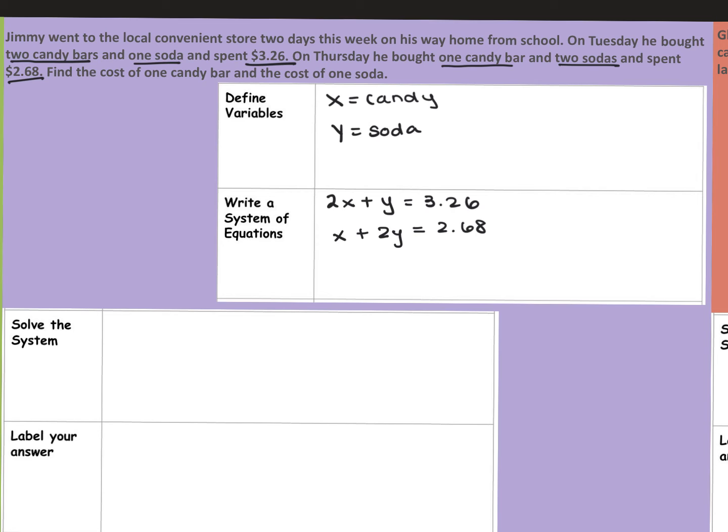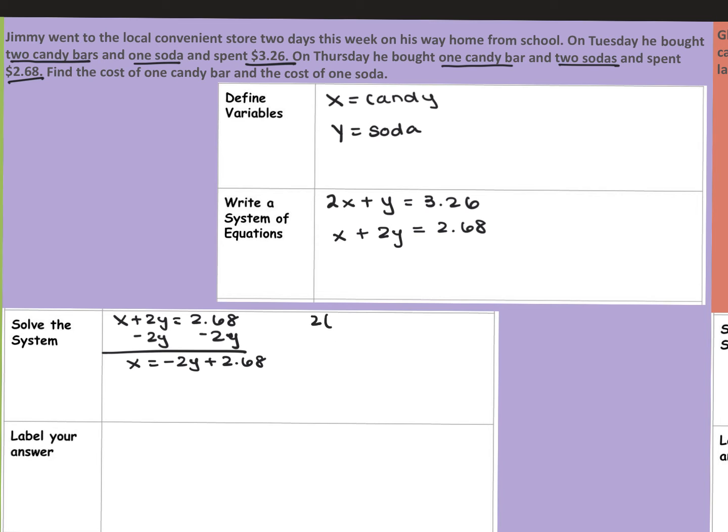So the first thing I'm going to do when solving is solve my second equation for x. I'm going to subtract 2y from both sides. Then I get x equals negative 2y plus 2.68. Now I'm going to plug it in.